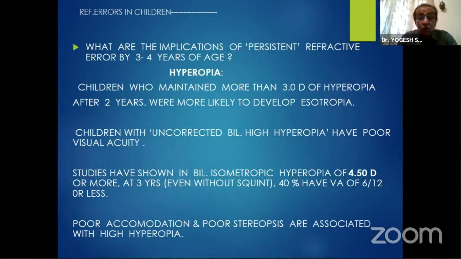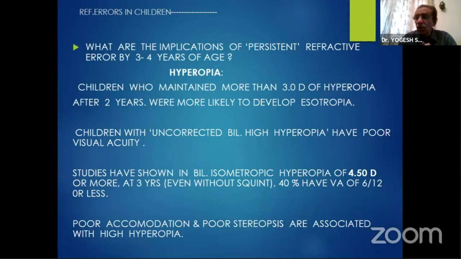Now, poor accommodation and poor stereopsis are also associated with hyperopia, naturally, because there is too much strain put on the accommodative system. Last year in the IJO, I published a big article on accommodative anomalies in children, which so far were not studied and were not relied upon, because it was assumed that in a child the accommodation is flawless, but it is not so.